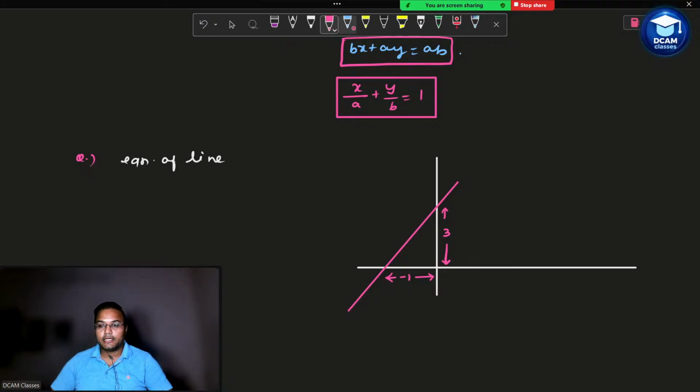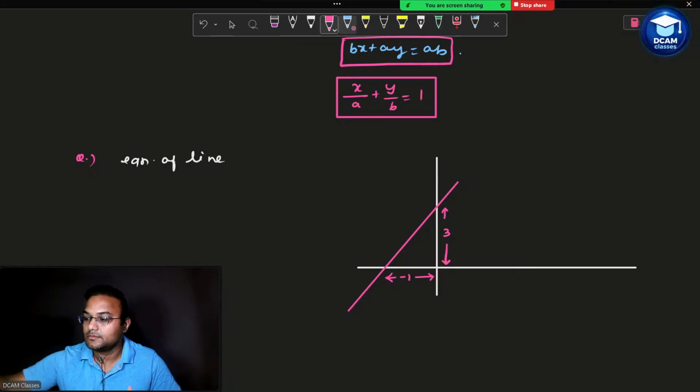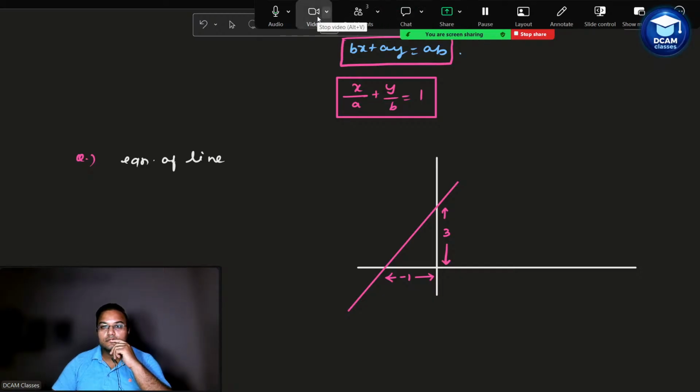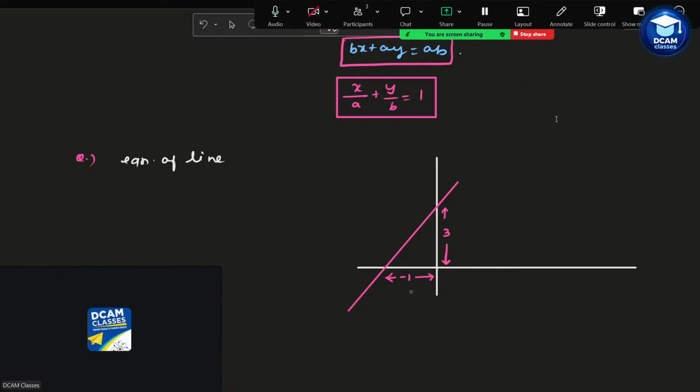Let Venkatesh give me the answer first. But you solve it and get the answer. Okay, sir. Take your time. There is no hurry.